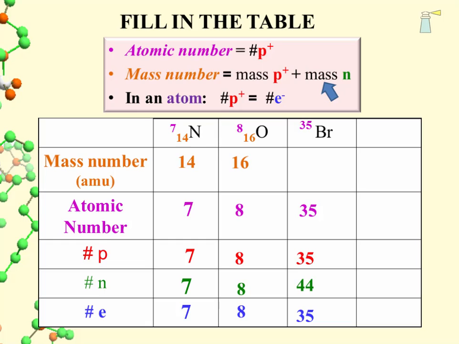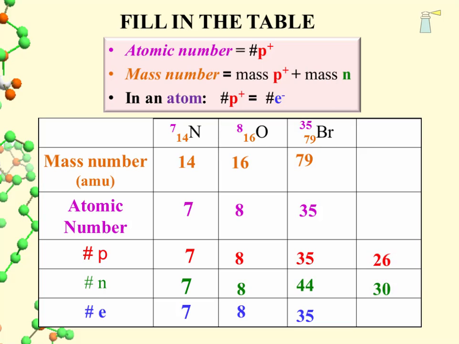So the mass of protons plus the mass of neutrons can be treated as the number of protons plus the number of neutrons. 35 plus 44 is equal to 79. Our mass number is 79, and we can add this as a superscript to the atom symbol and complete the column on the table. One more.